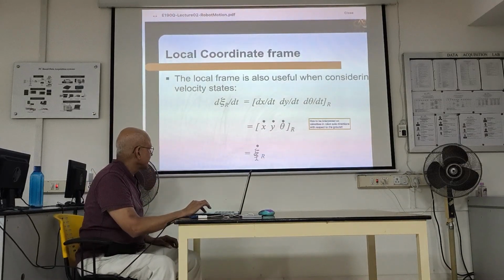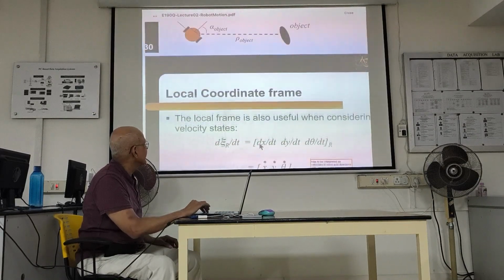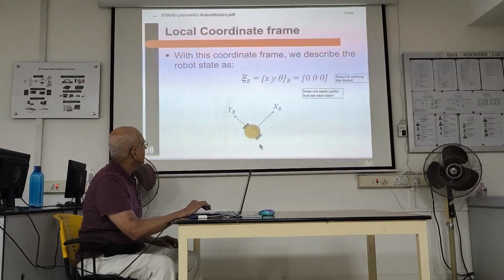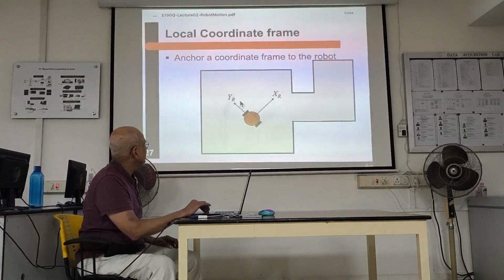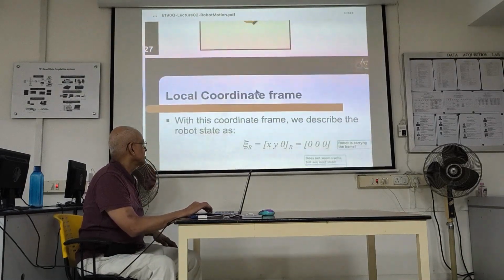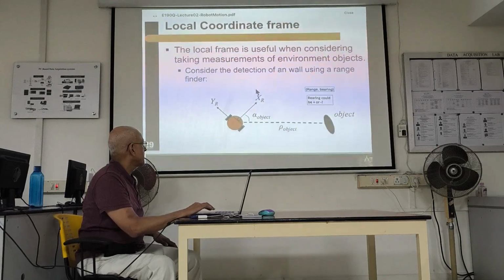And this we call psi dot r, with respect to the robot. Earlier we had psi I, remember? Right here, psi I. So that's with respect to the world frame, and now this is with respect to the robot frame.